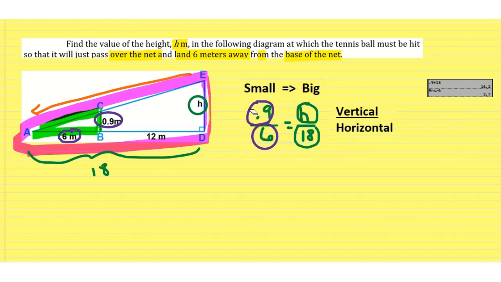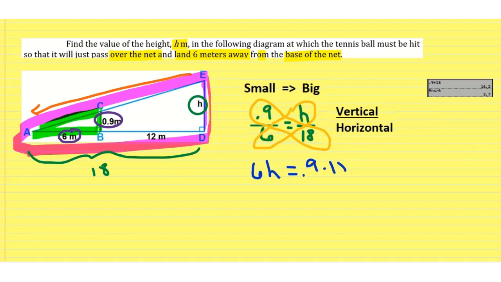Okay, so let's get rid of some of these extra circles there. And now that we have a ratio equal to a ratio, that is a proportion, which means that we can now cross multiply. We cross multiply across an equal sign. So I've got 6 times h is equal to 0.9 times 18.